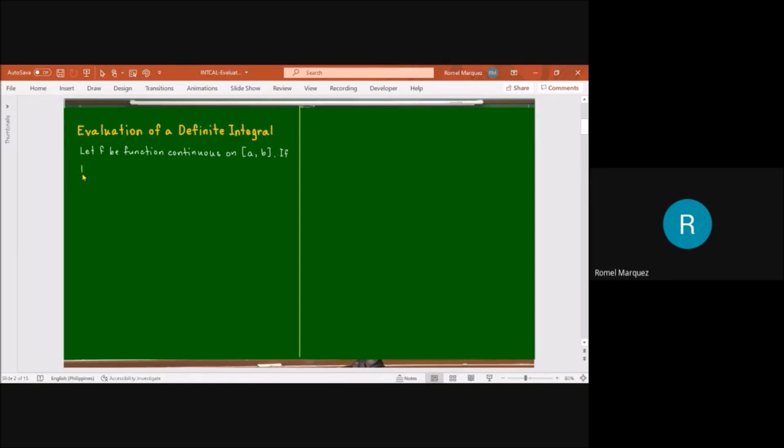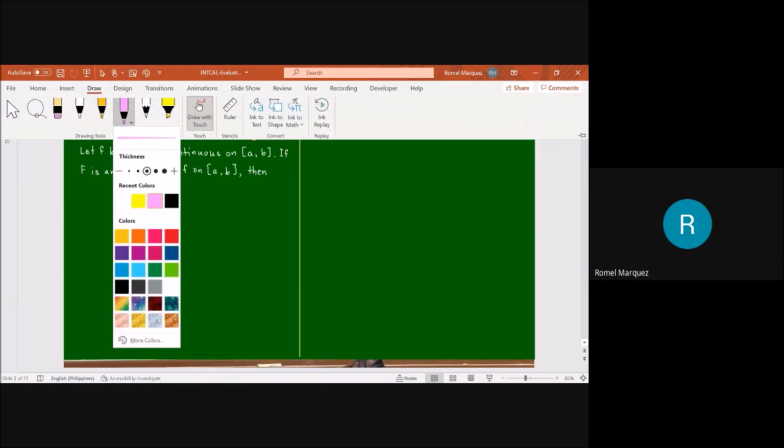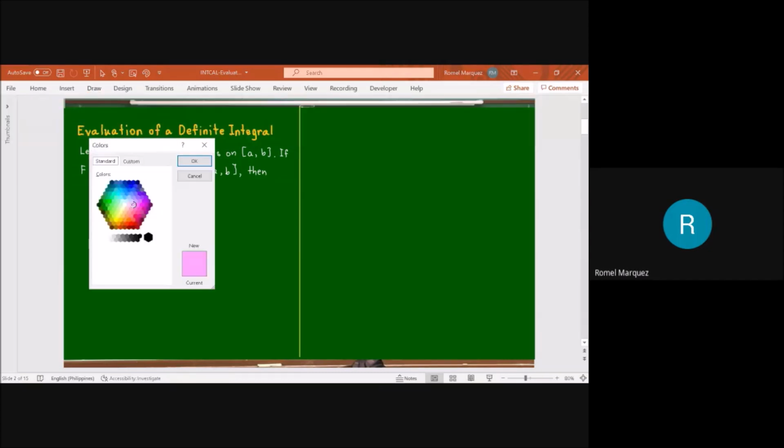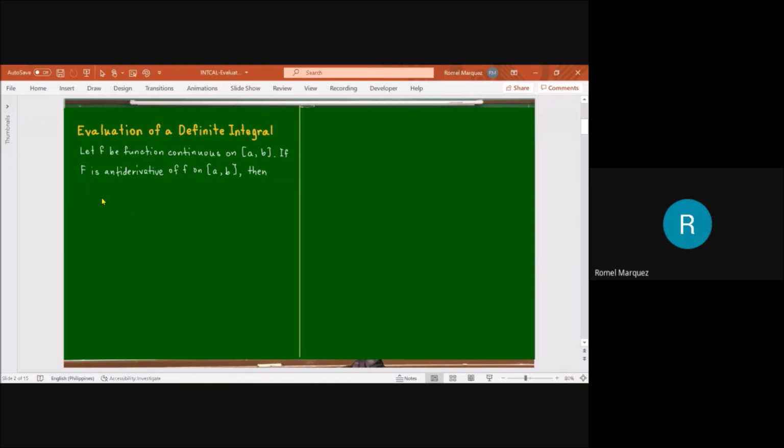If big F is an antiderivative or integral of small f on the closed interval [a, b], then the definite integral, which we are going to denote by this notation, okay?